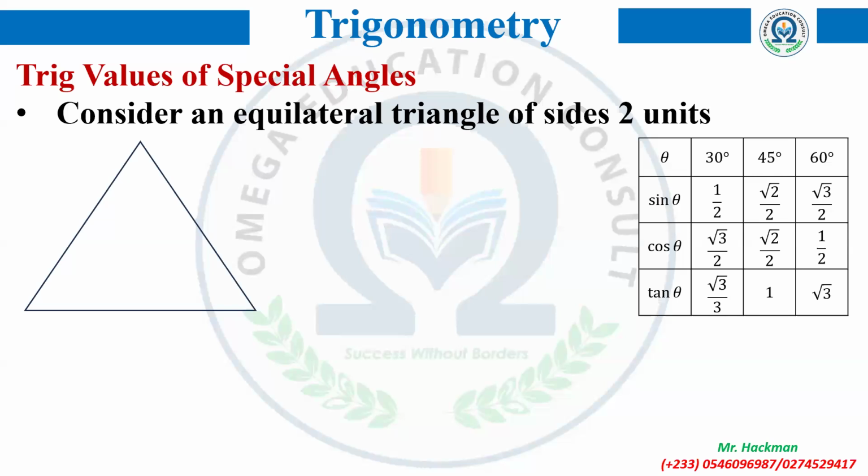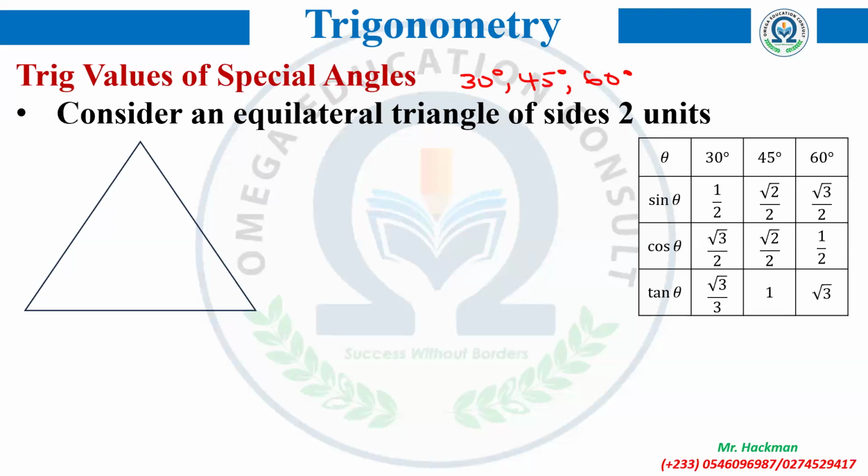These are the angles that we consider special under trig. Please take note, the angles are 30 degrees, 45 degrees, and 60 degrees. You were just made known that 45 is a special angle. So these are the special angles.